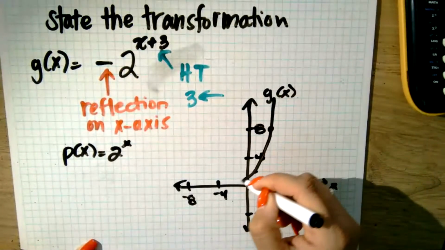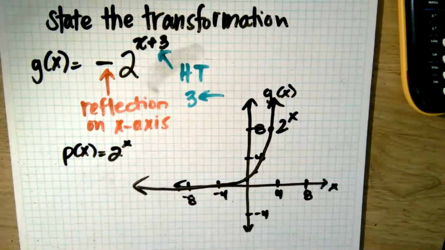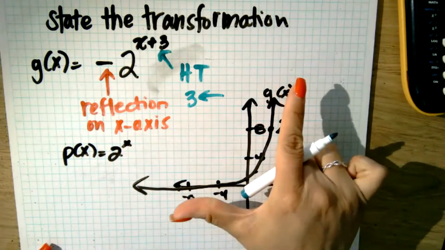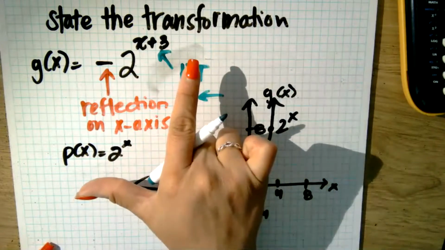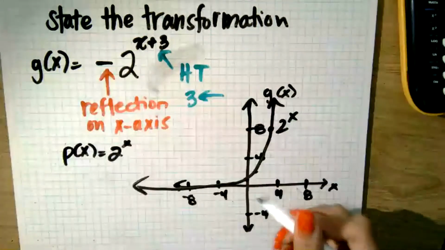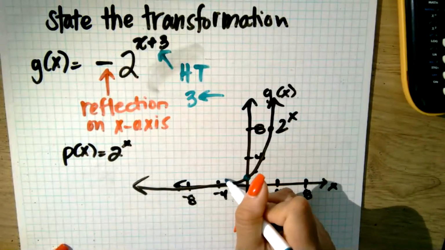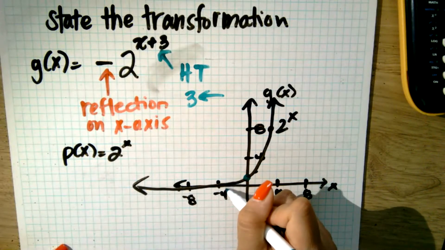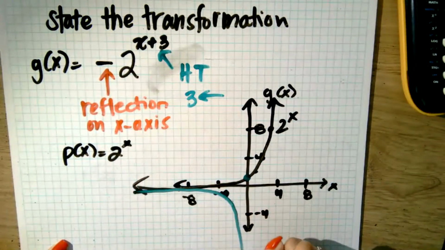This is the parent function, 2 to the x. This function is going to be shifted 3 to the left, so 1, 2, 3 that way, and then it's going to be reflected. My anchor point moves 3 to the left, and then it reflects. So here is my new function.